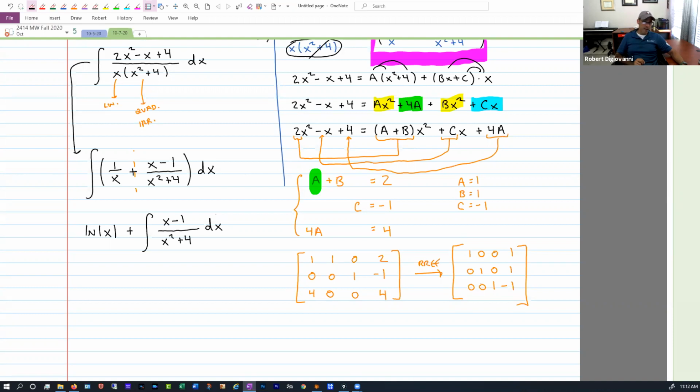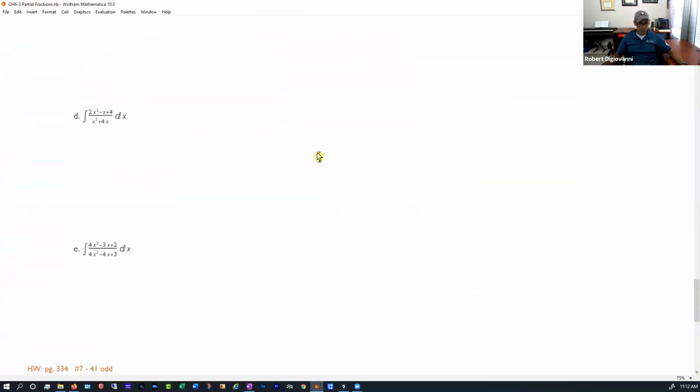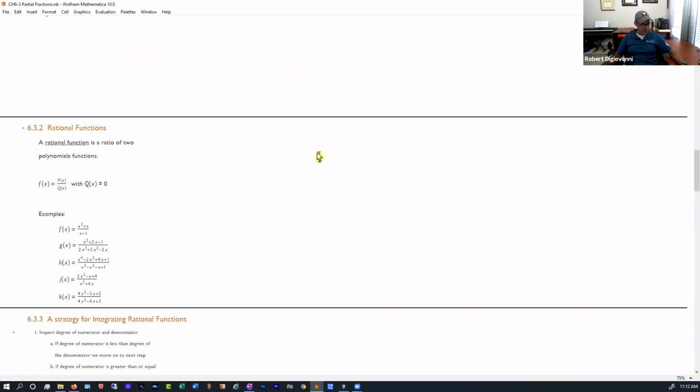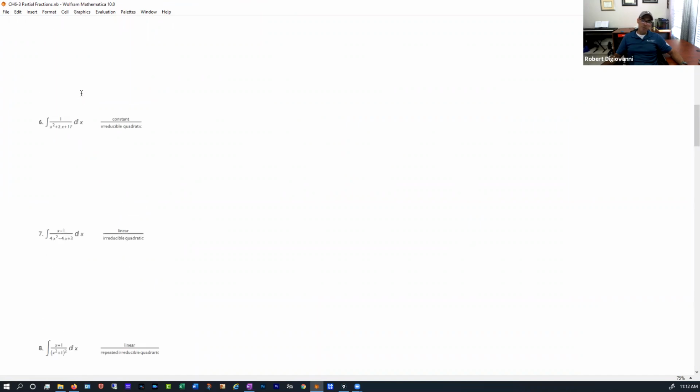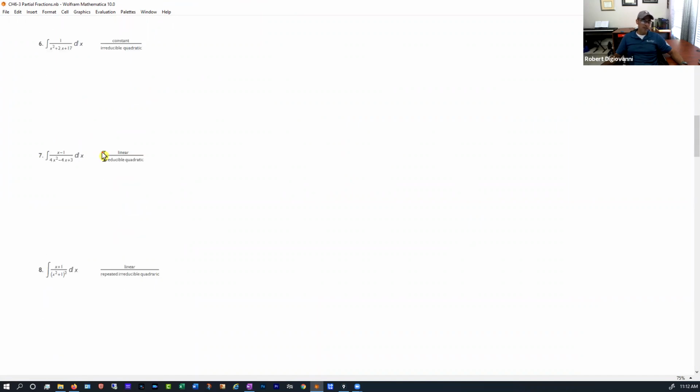And the way that I attack those, if you look back at the notes, where are my notes? Give me a moment, I'll bring my notes in here. When we were doing all this a couple of days ago, we did 8 problems when we started the section to get ready for this stuff.